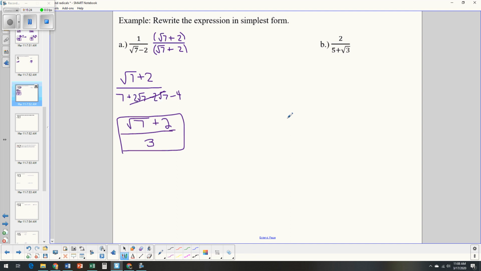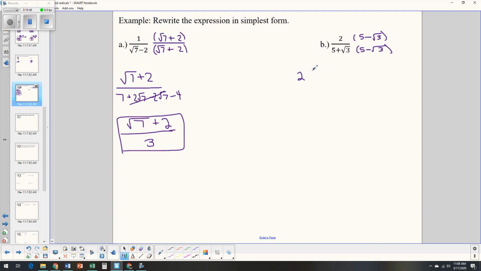Okay? Let's try B. So in B, our conjugate is going to be 5 minus radical 3. So we're going to multiply the top and bottom by that. And I could distribute right away here if I want, but I'm actually going to keep it like this for a second. You'll see why later.